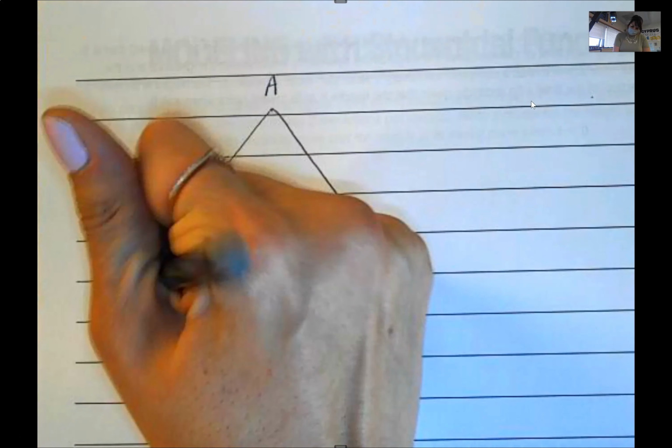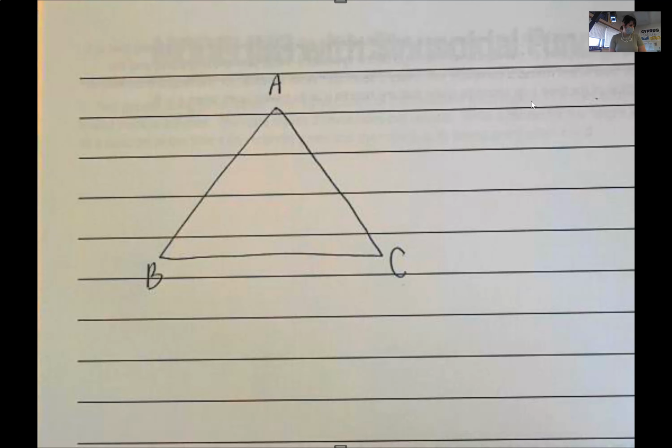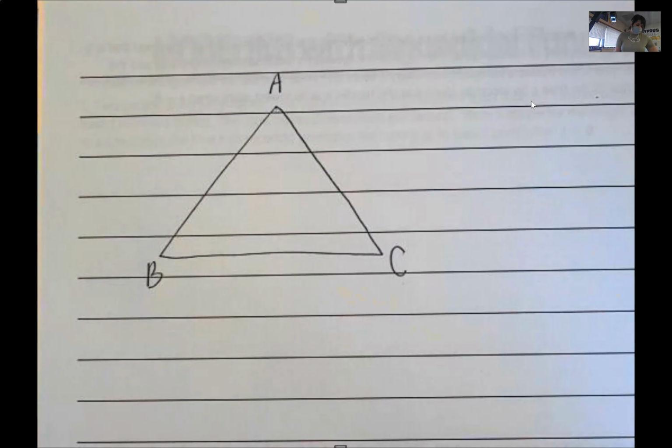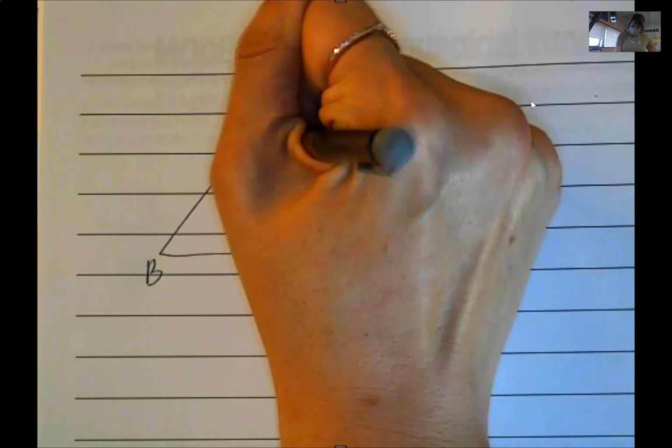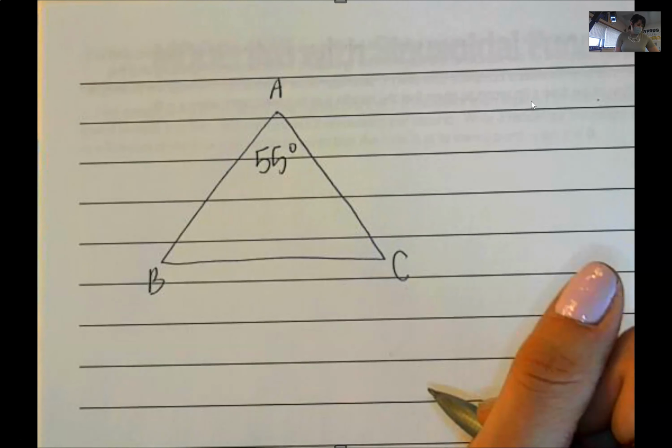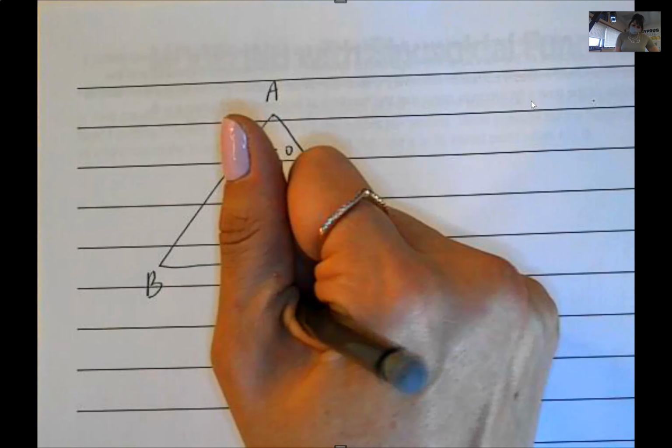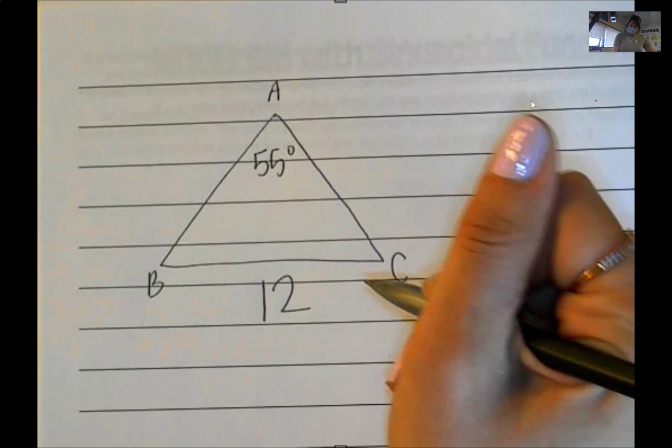A, B, C. A is 55 degrees. Its matching side is 12.